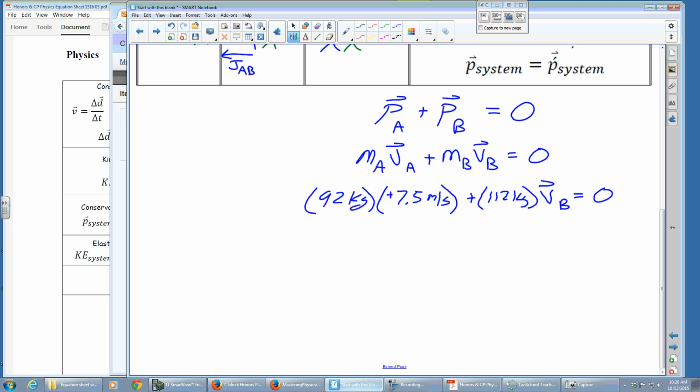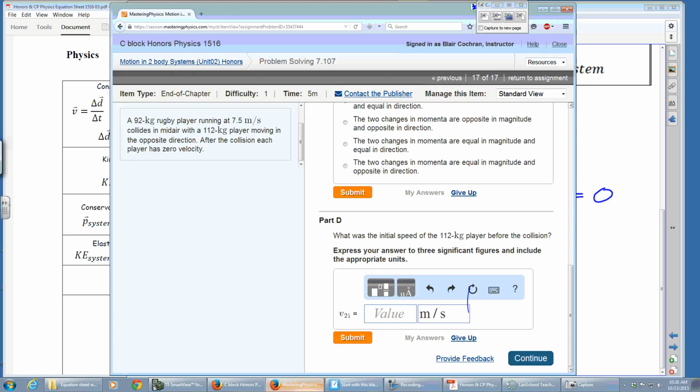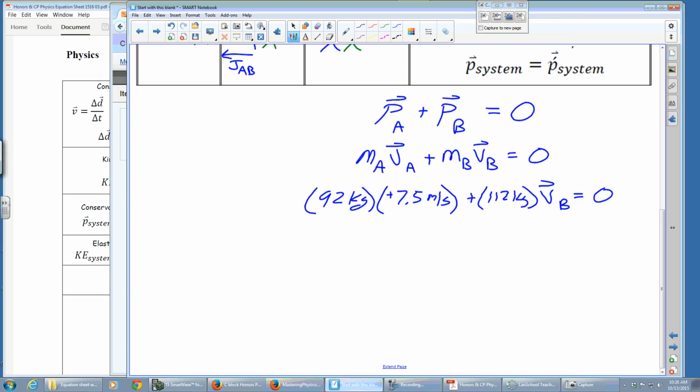I'm leaving that as a vector for right now. Don't they ask me to find the initial speed? Okay, so I'll have to remember if I get a negative that I want the positive of it, because I just want the speed.